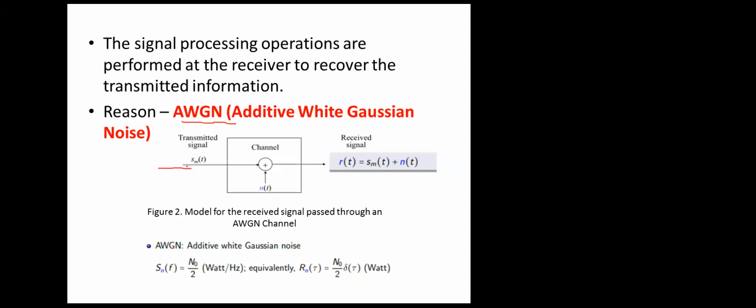Here we have a transmitted signal, designated by s, and here is m. m refers to the number of message bits, as we are converting our information, our analog signal, into a binary sequence. Say, for example, I have a binary sequence 10110000.